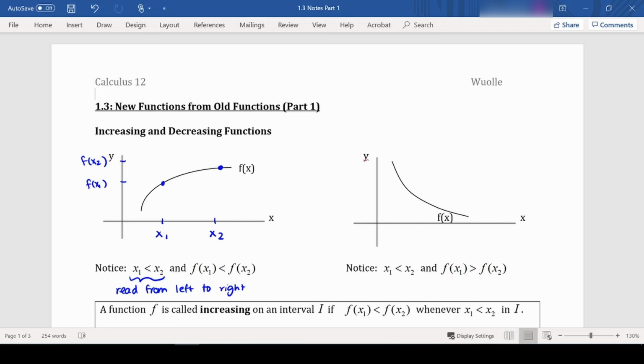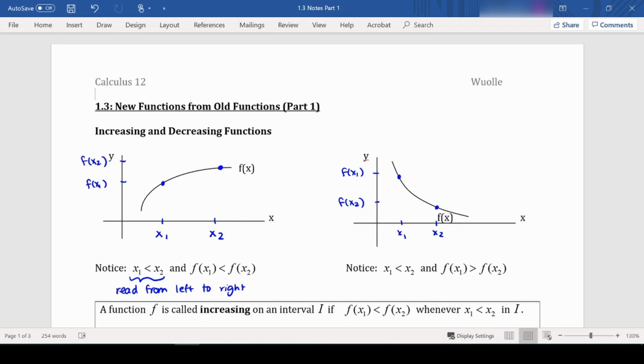Similarly for decreasing, if I take a look at an x1 and an x2 value reading from left to right, my corresponding f of x1 and f of x2 will decrease left to right. So as x increases, y decreases.